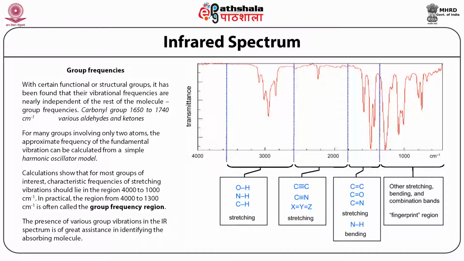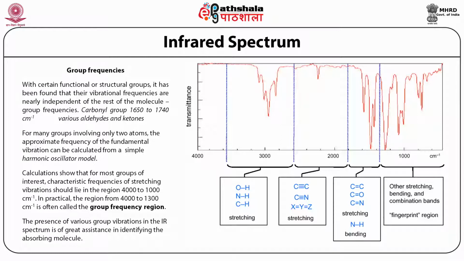Calculations show that for most groups of interest, the characteristic frequency of a stretching vibration should lie in the region of 4000 to 1000 per centimeter. In practice, the region from 4000 to 1300 per centimeter is often called the group frequency region. The presence of various group vibrations in the IR spectrum is of great assistance in identifying the absorbing molecule.